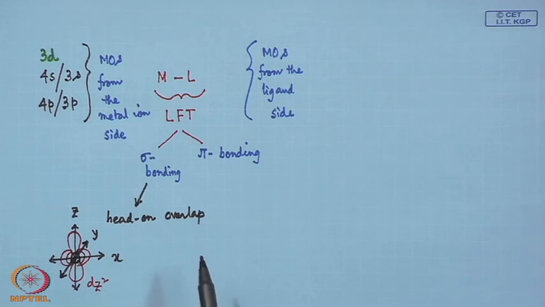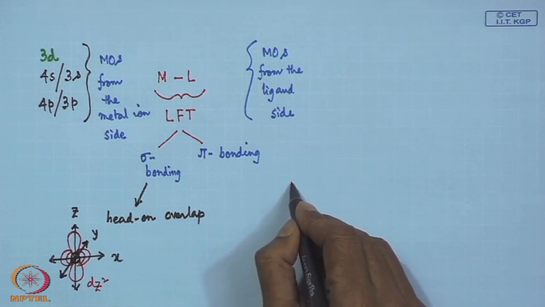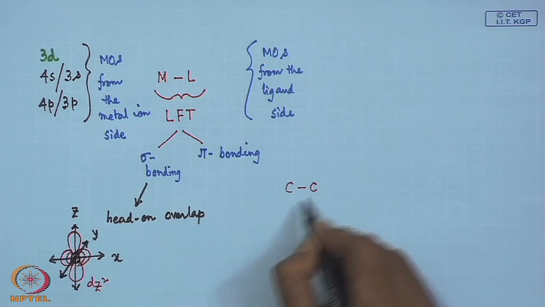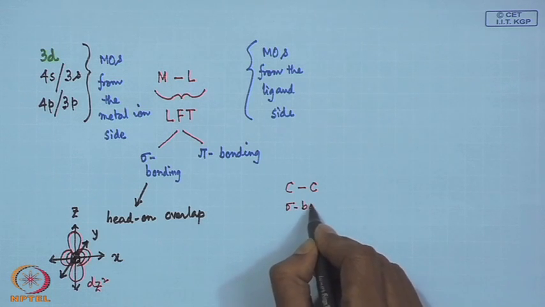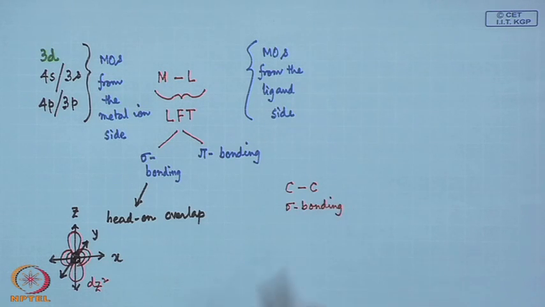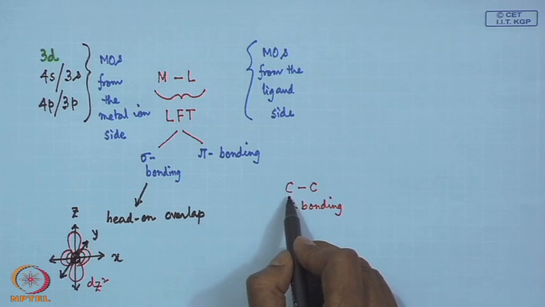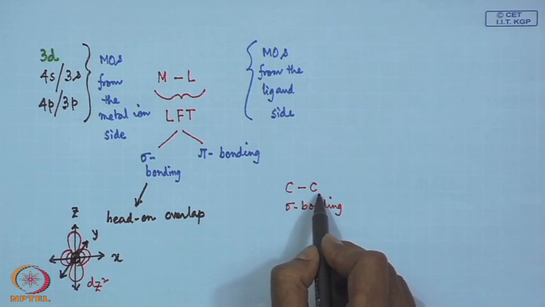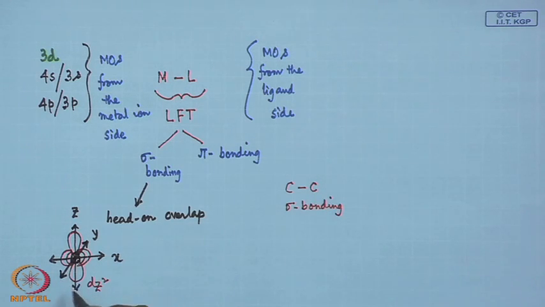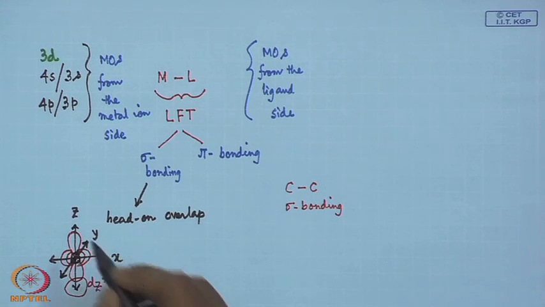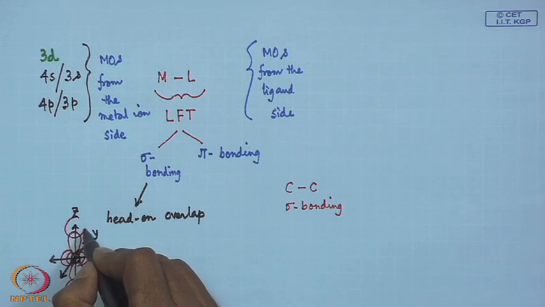and if this dz square orbital can interact in a head-on fashion, we have the formation of the C-C sigma bond, which we know takes place due to the head-on overlap from the hybridized orbital of the first carbon atom to the hybridized orbital of the second carbon center. So, we can now simply place the molecular orbital available from the ligand side.